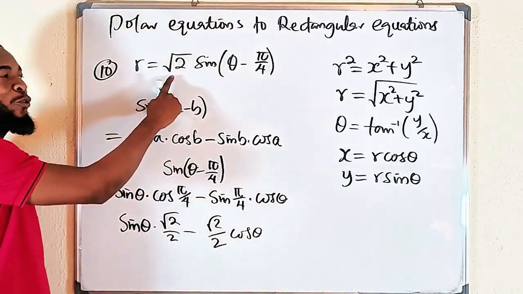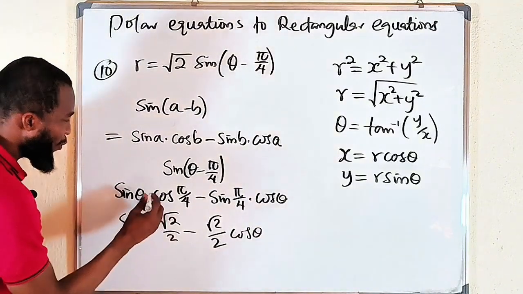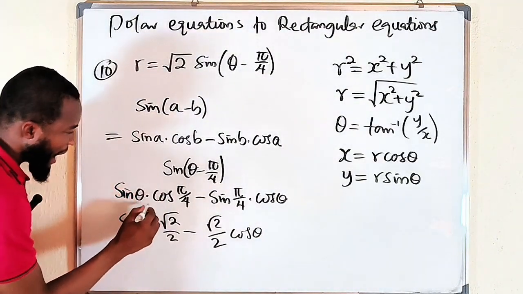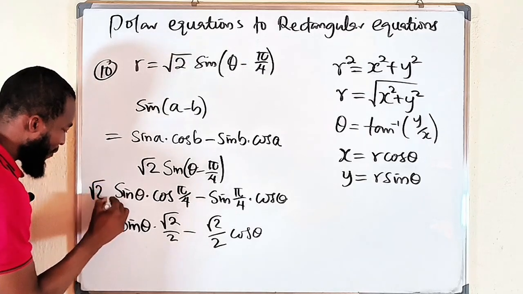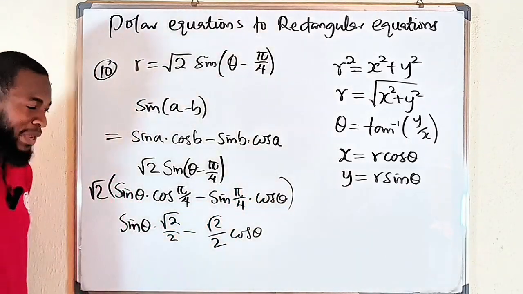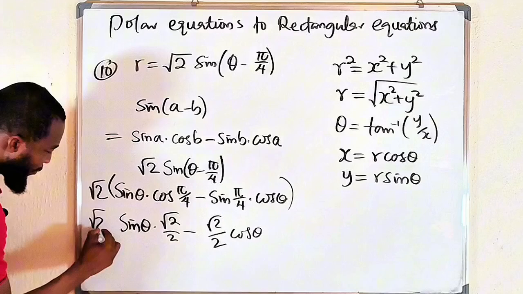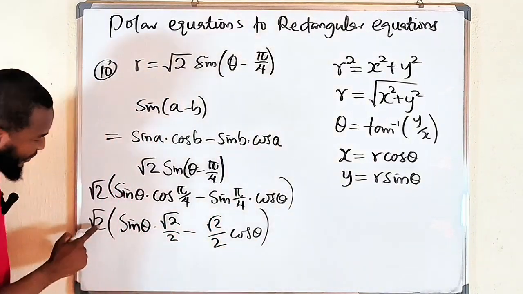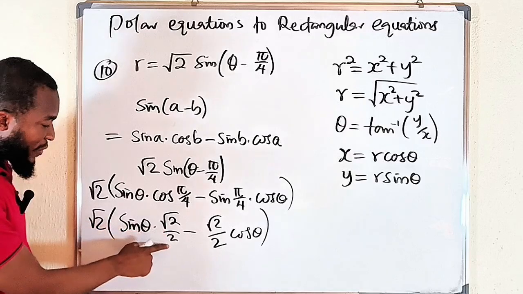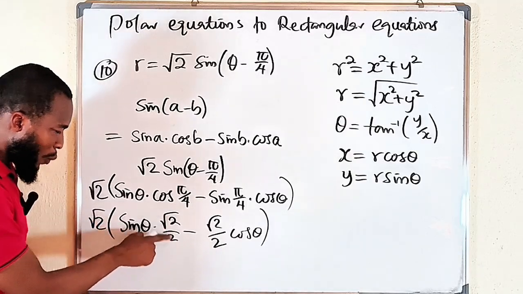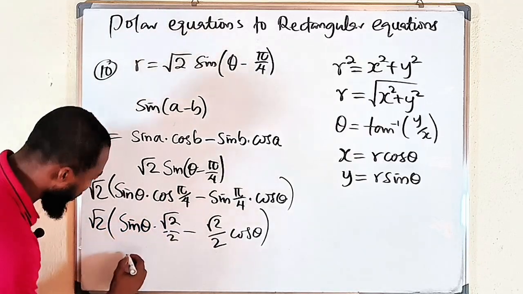But remember, we have root 2 at the back. So if you bring it back here, it's like multiplying everything here by that, root 2, everything. You see, root 2 times root 2 will give us 2, and 2 divided by 2 is 1. So this is 1. This is also 1. So what do we have?